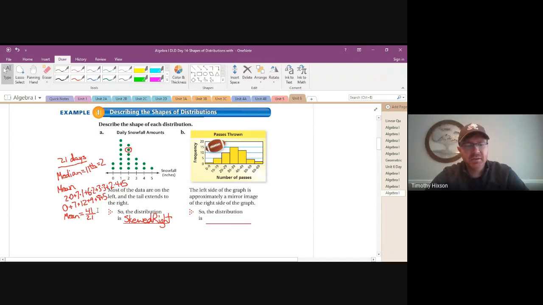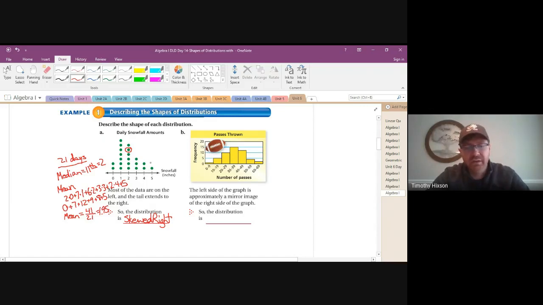Now this might seem kind of odd. Our mean actually ended up being slightly lower than the median, but that was simply because we have so many ones.